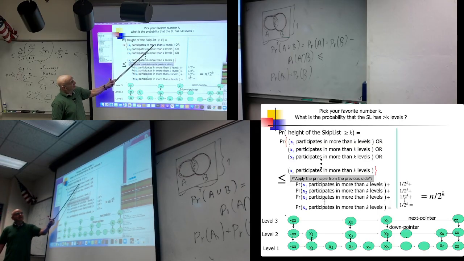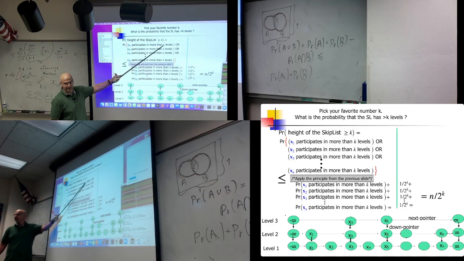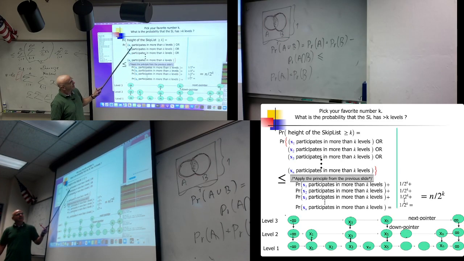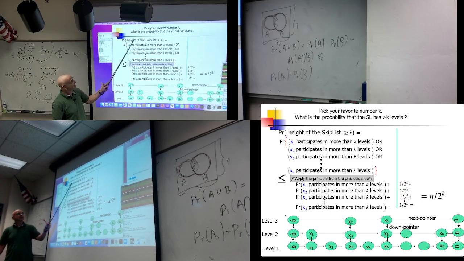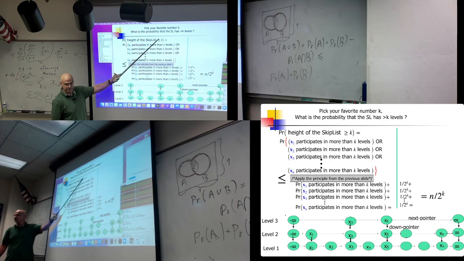Possibly x1 decided that it wants to be in k or more levels. The keys are x1, x2, up to xn. And now the key x1 wants to be in so many levels. Possibly that's the reason that the height of the skip list is so tall.